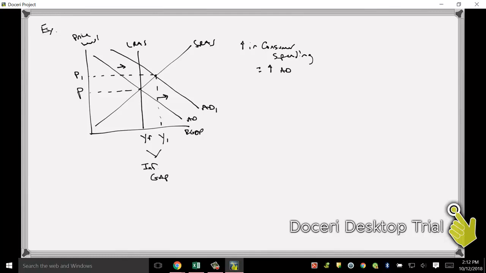And so we have an economy that started at long-run equilibrium, an increase in aggregate demand now took it away from long-run equilibrium and has established this inflationary gap in our economy. And so now we know that we're producing and spending at a rate that's not sustainable, but it can happen for a period of time. And if we were using the business cycle, I would say that this inflationary gap is a sign that the economy is probably at the peak or the height of our expansion.